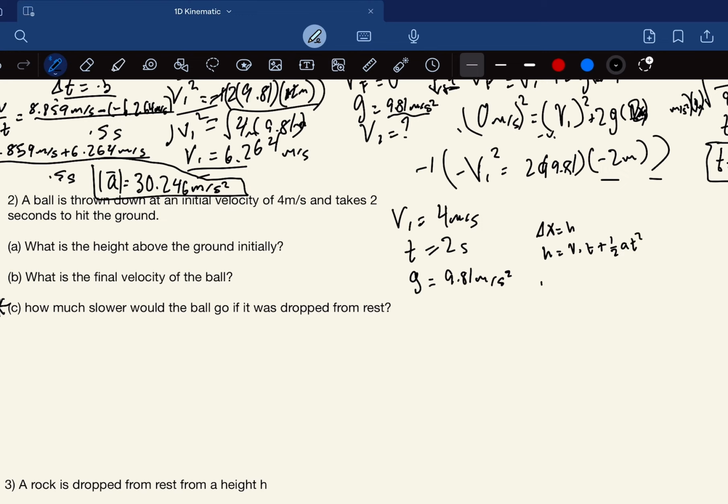And then we have h equals VI t, which is 4 meters per second times 2 seconds, plus 9.81 meters per second squared over 2 times 2 seconds squared.